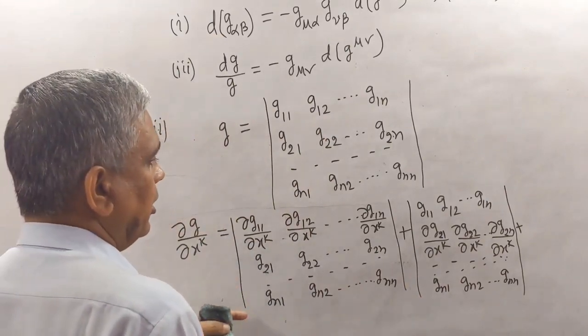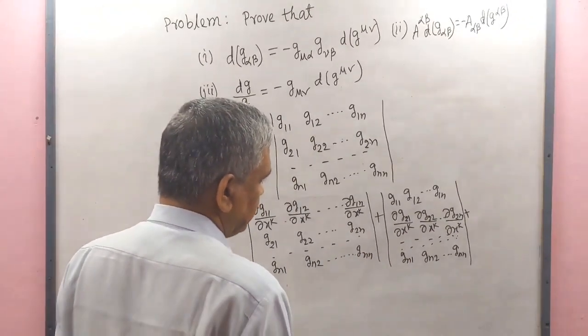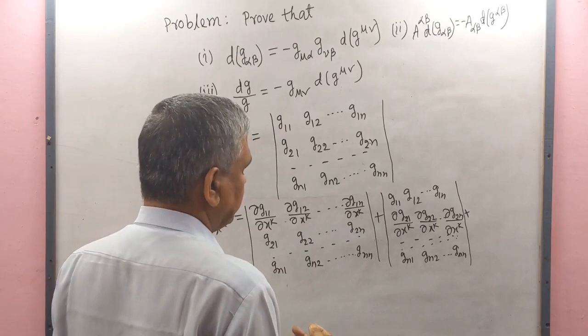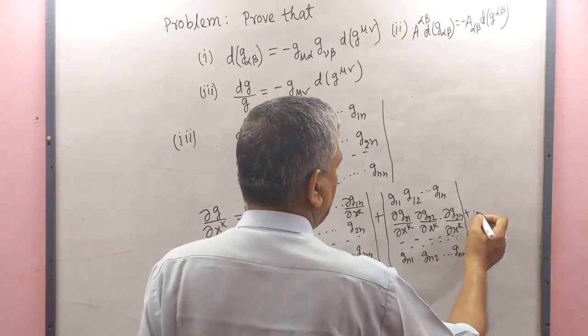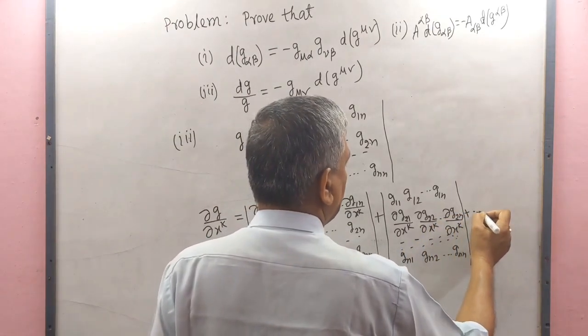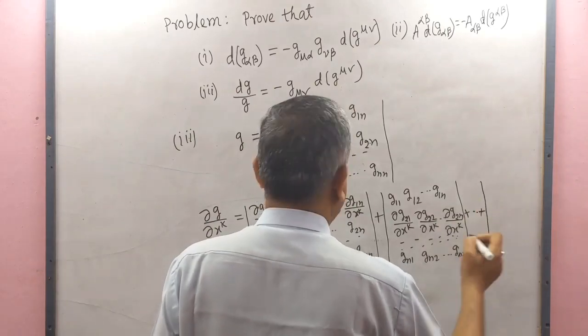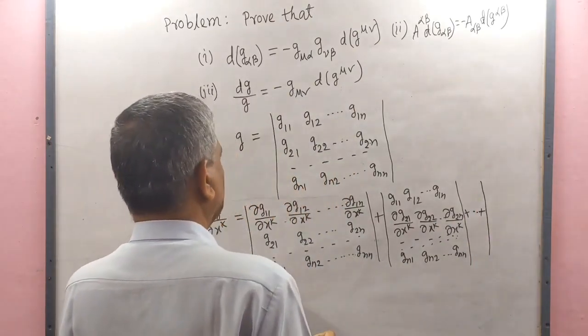the third row, and plus next differentiate the fourth row, and lastly we differentiate the last row, the nth row.